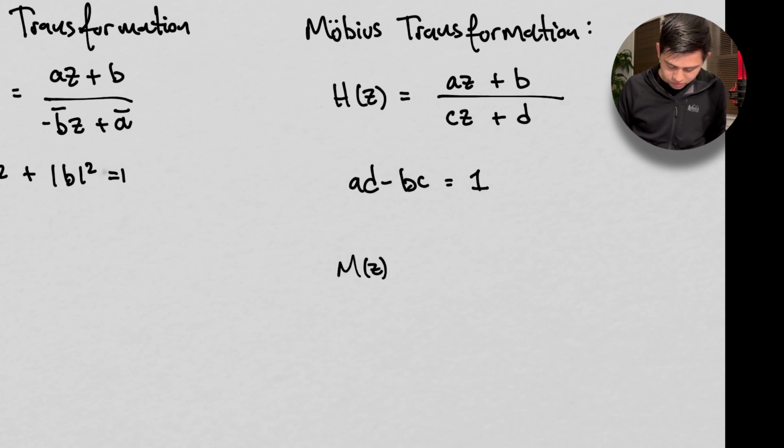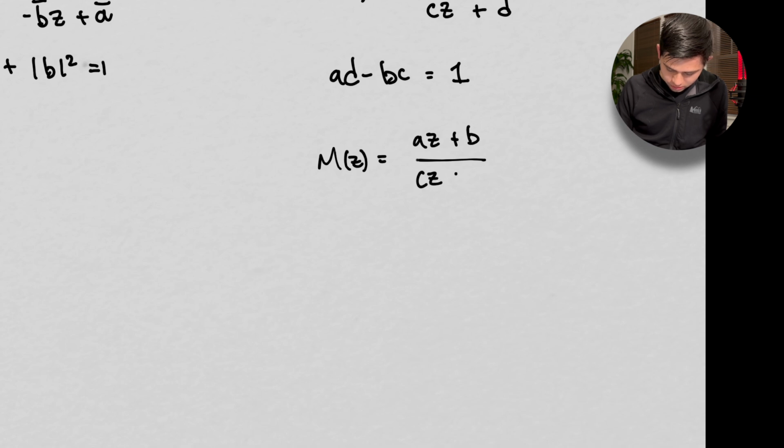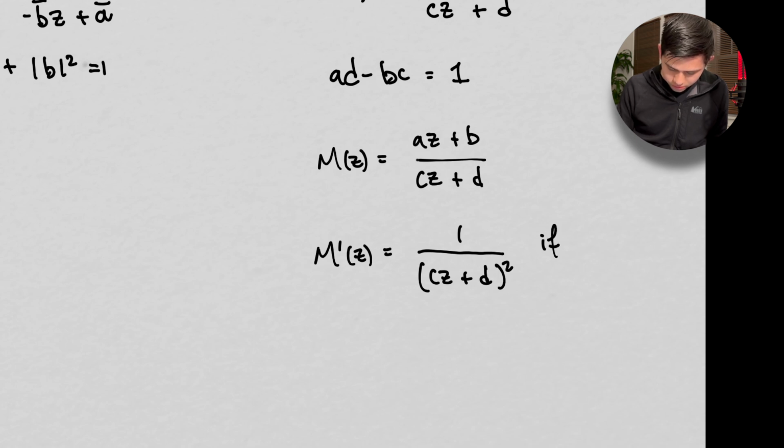And then this condition here comes from the fact that M(Z), our Mobius transformation, is going to look like this, (AZ plus B) over (CZ plus D), and then M prime of Z equals this, which is actually going to be 1 over (CZ plus D) squared by the quotient rule if this condition is met.